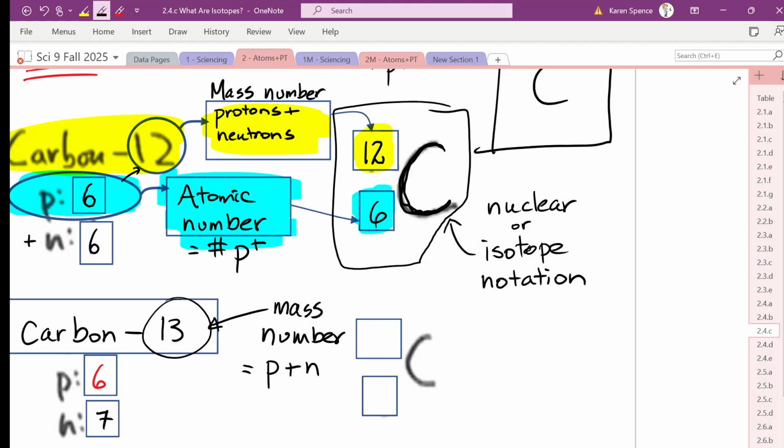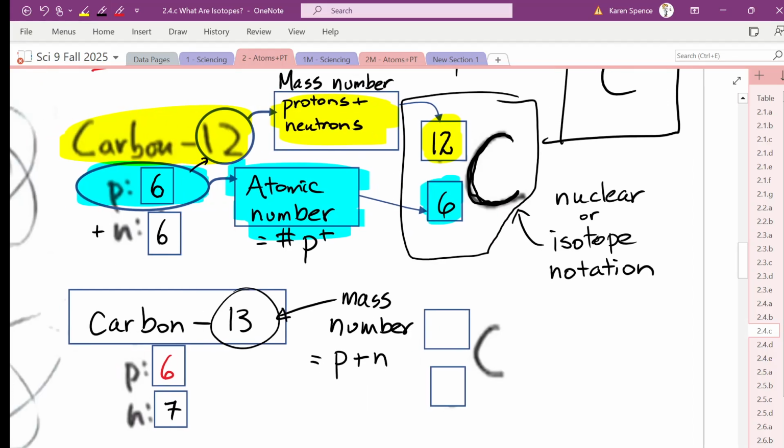So the big number goes on top. Or if you don't want to use the nuclear or isotope notation, you can write the name with a dash and the mass number afterwards. We don't write the number of protons when we're writing the name.